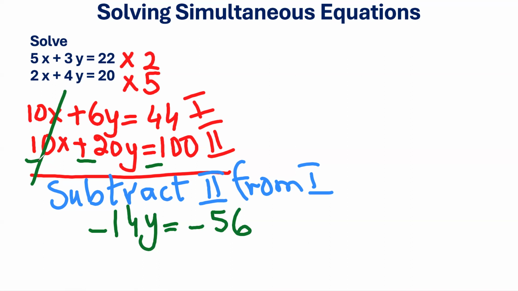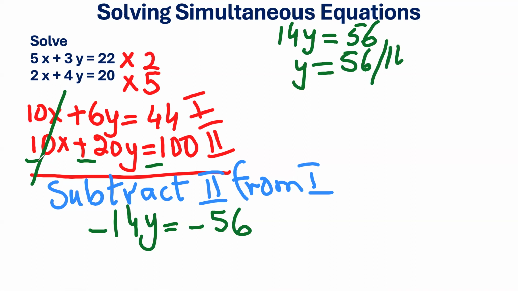Now minus and minus can be cancelled from both sides, and you will get 14y is equal to 56. Y can be found: 56 divided by 14. In this way, you are going to get the value of y. 56 divided by 14 will give you 4. This is the value of y. Y is equal to 4.